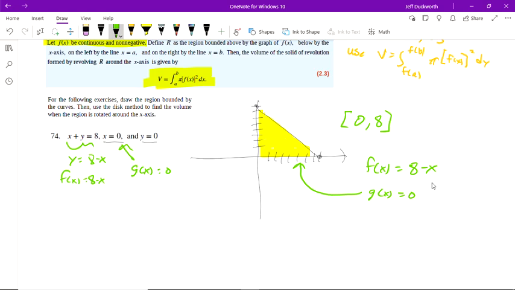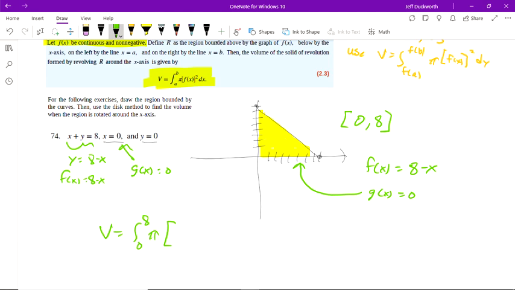So we're going to use this formula here. Our volume is equal to the integral that goes from 0 to 8 of pi, which can go out front, but I'm going to leave it in the formula for right now. I'll move it in a second. And our f of x, the g of x is of note if we're going to try something else.